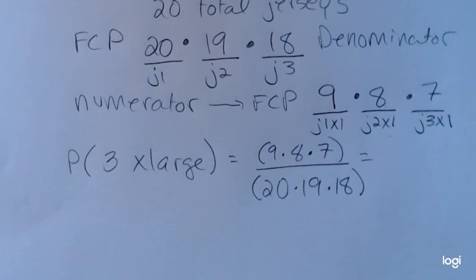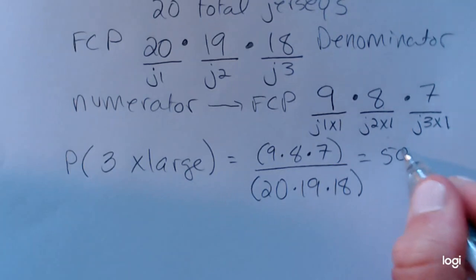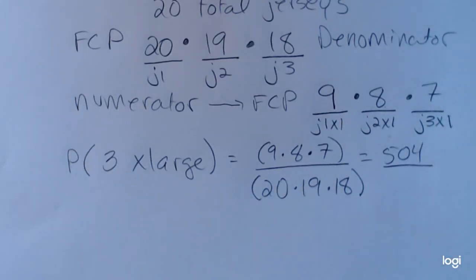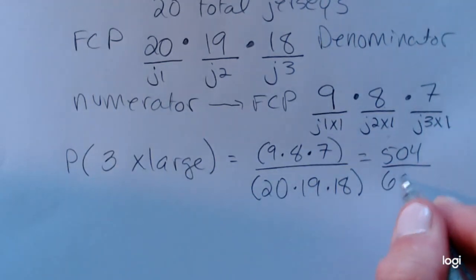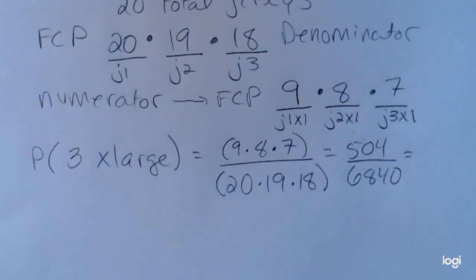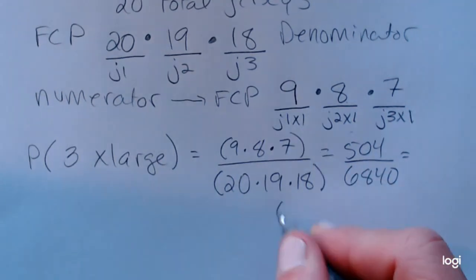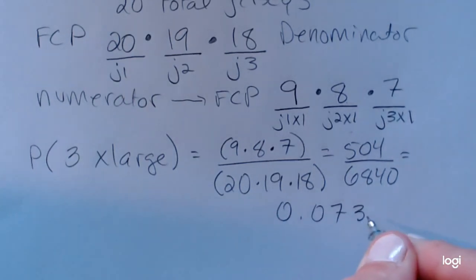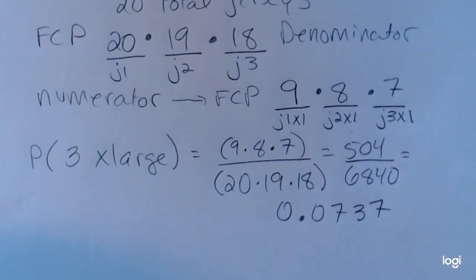Doing that operation in the calculator, I get 504 for the numerator and 6,840 for the denominator, and converting that to a decimal and rounding to 4 decimal places, I get 0.0737.